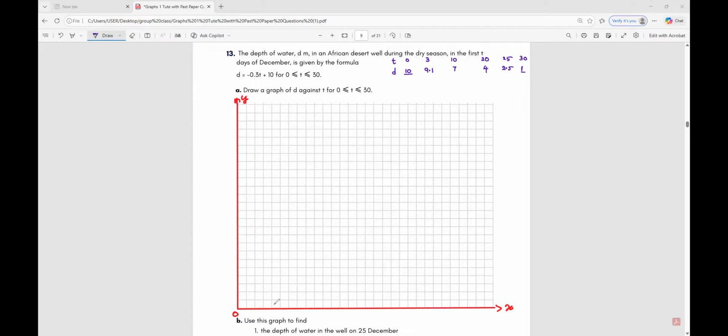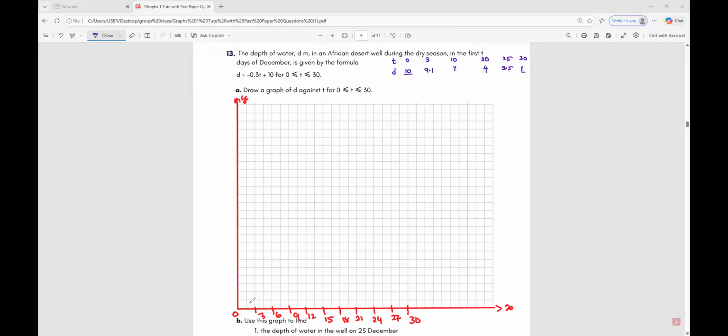If I take 4 squares, maybe like this, 5, 10, 15, 20, 25, 30, it's small. 3 by 3: 3, 6, 9, 12, 15, 18, 21, 24, 27 and 30.